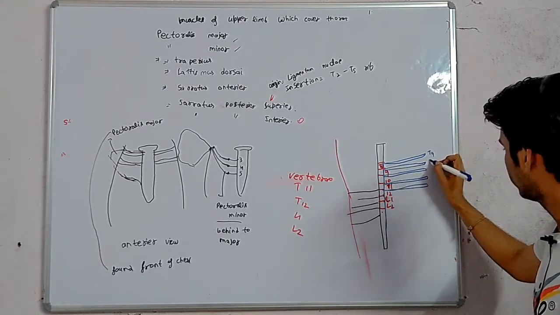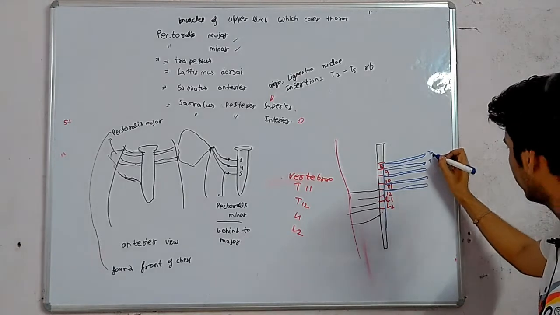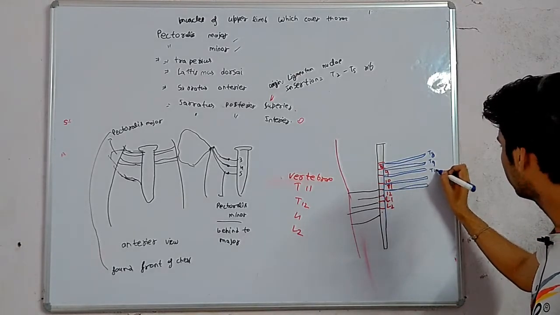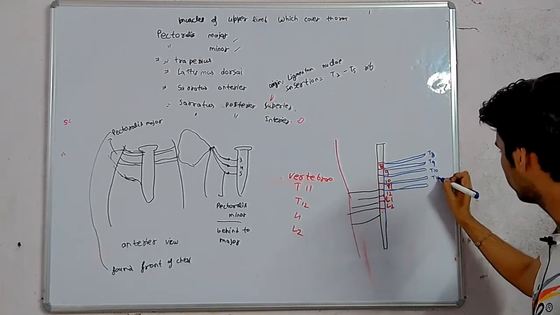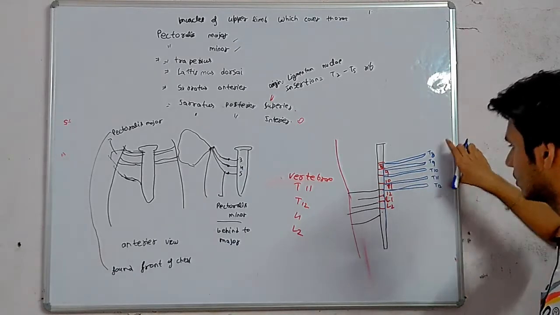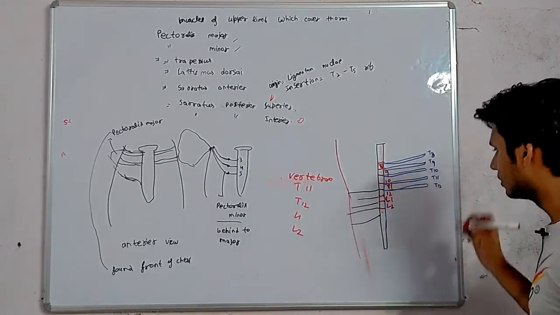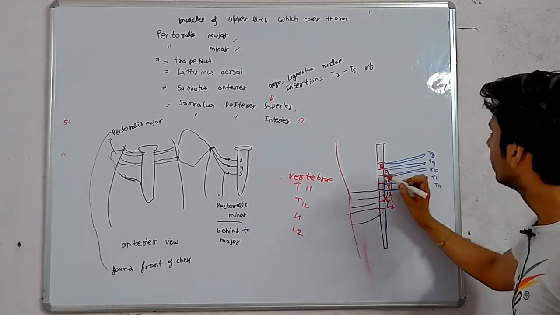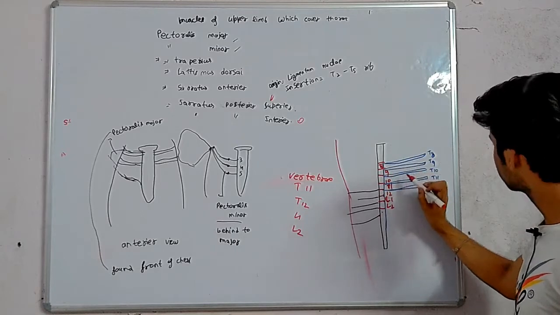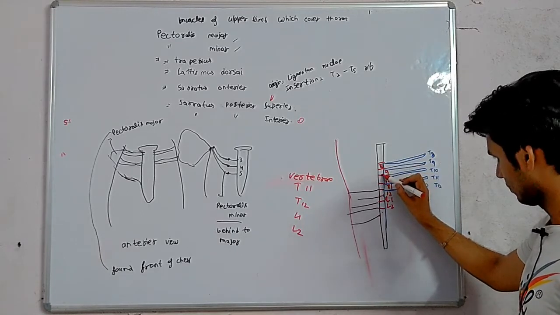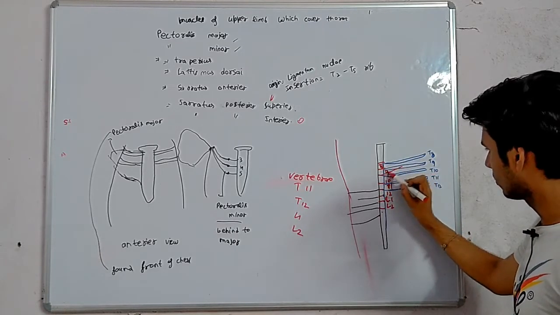T9 rib, T8, T9, T10, T11, T12. These are ribs. So serratus posterior inferior is all attached like this. Let's say T9 rib, like this.